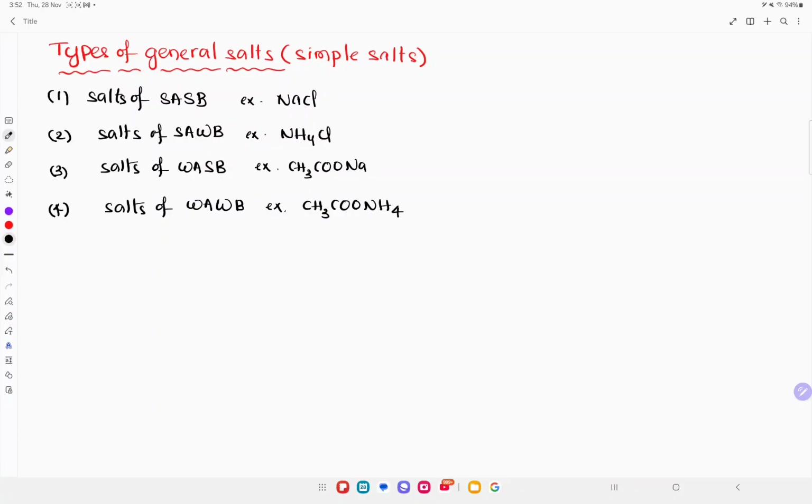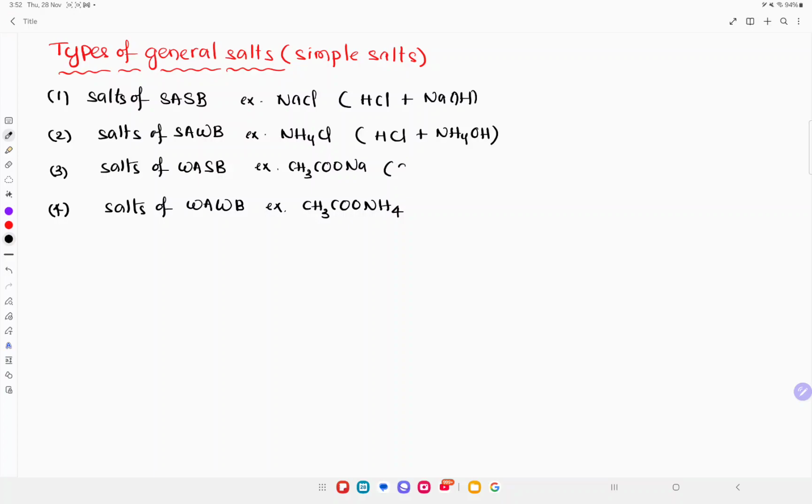NaCl is made up of strong acid HCl and strong base NaOH. NH4Cl is made up of strong acid HCl and weak base NH4OH.